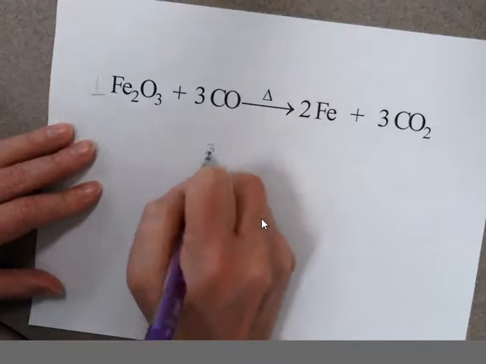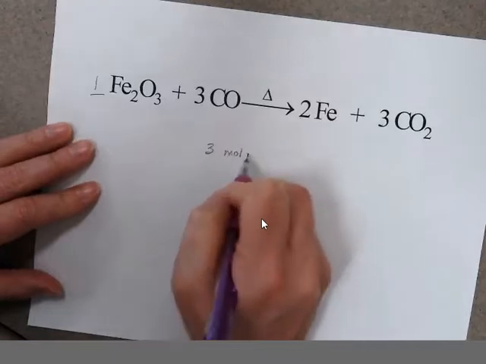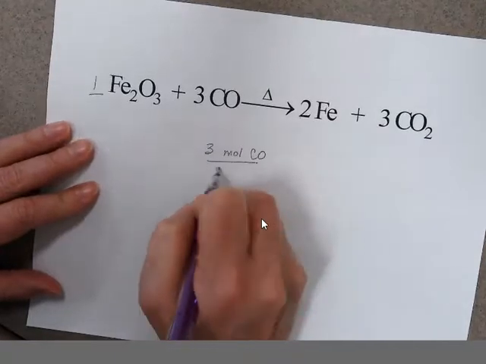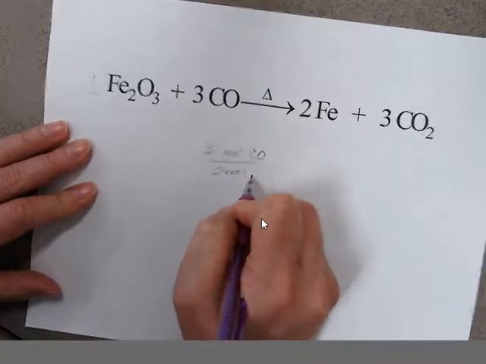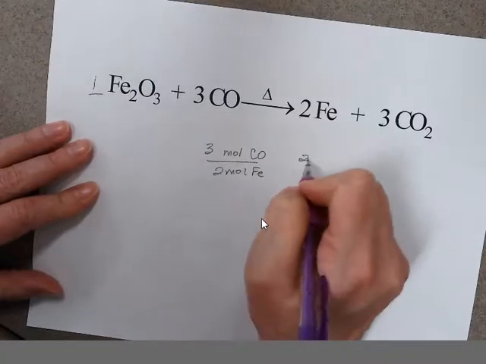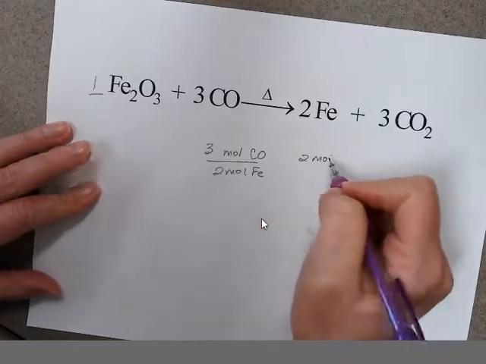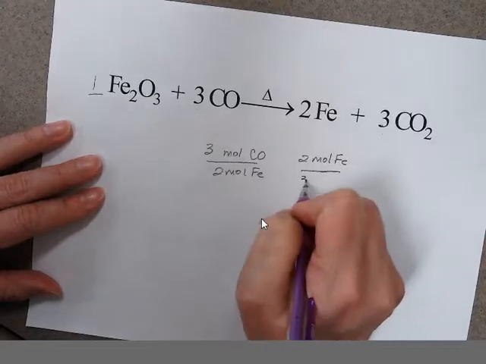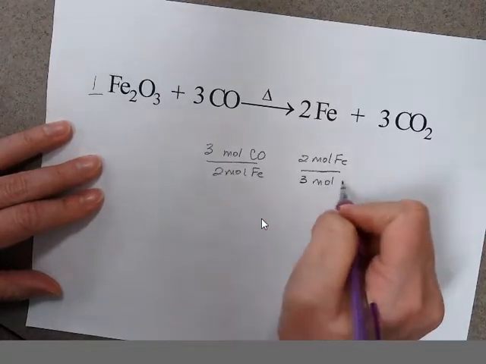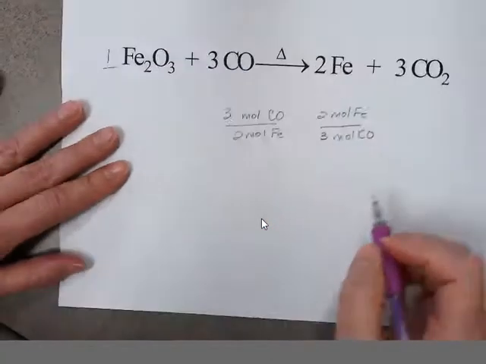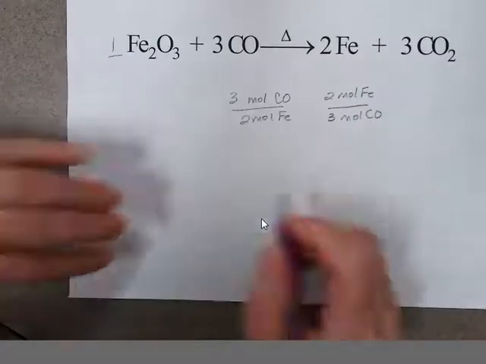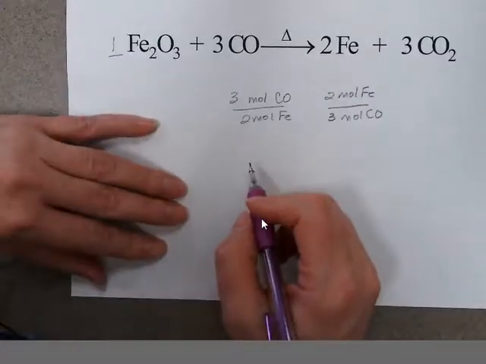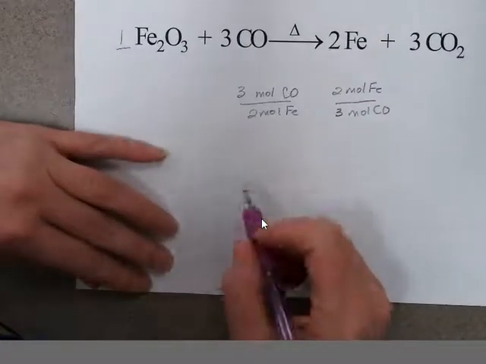So we could say that we have 3 moles of carbon monoxide for every 2 moles of iron. And likewise, if we're needing to convert from carbon monoxide to iron, we can also write it the other way. So it just becomes this extra tool that allows us to convert between different things going through a mole.